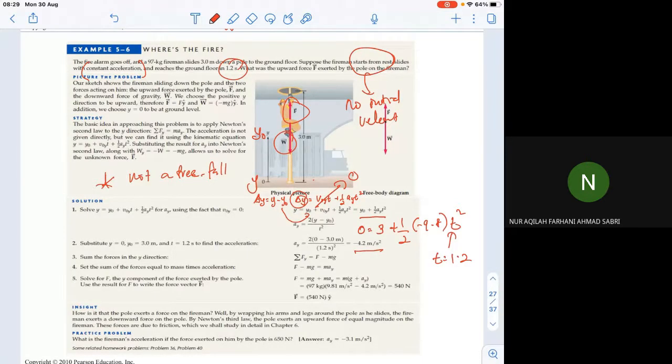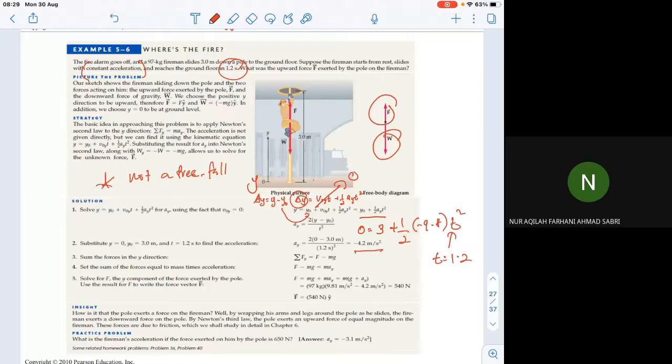Now it comes to the force, because the real objective here is to find the force. So force Fy equals F minus mg. How do we know that? By looking at this situation, the only free body diagram we can draw is just between F and W. There are no other forces involved.